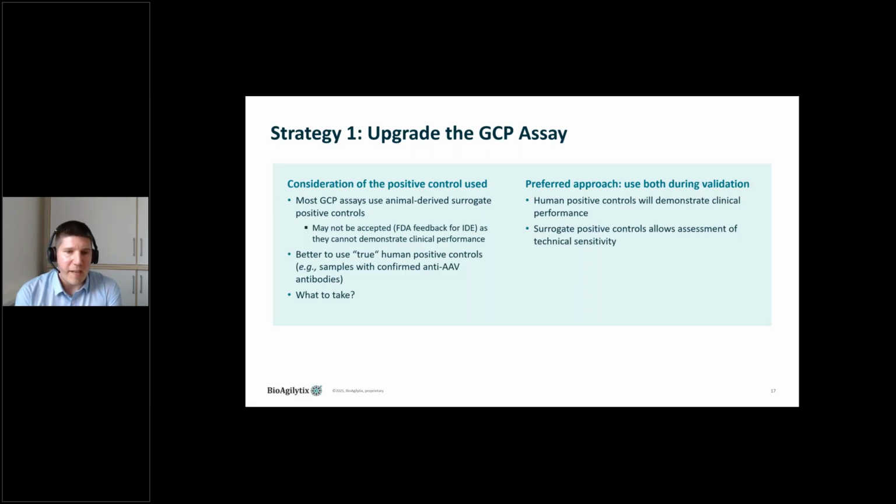We have heard feedback from FDA, but also in the meantime from EMA, that purely relying on animal-derived material is not the best scope for demonstrating clinical performance in a diagnostic assay. So it would be good to also use true human positive controls, for example, using samples with confirmed titers or antibodies against the capsid. But the question is, do you need to decide which one to take?